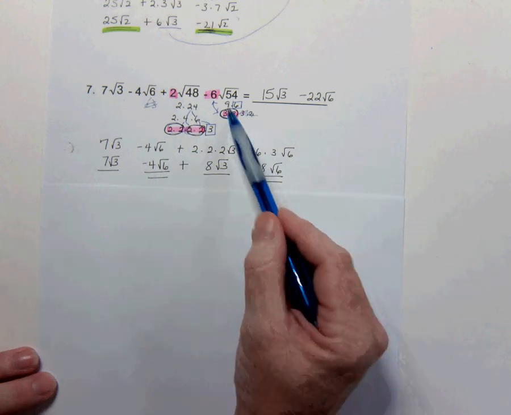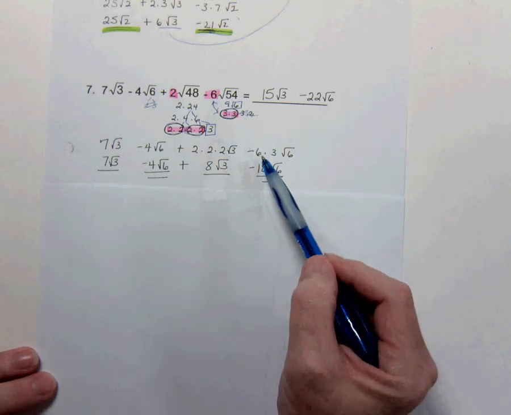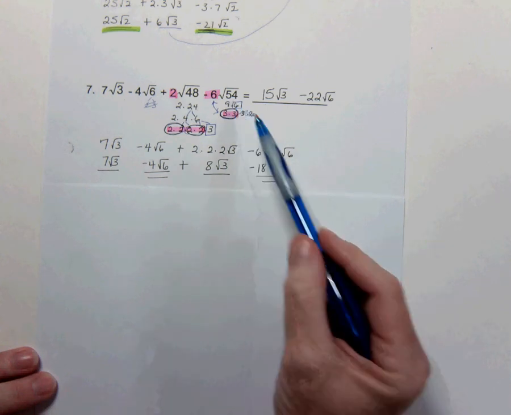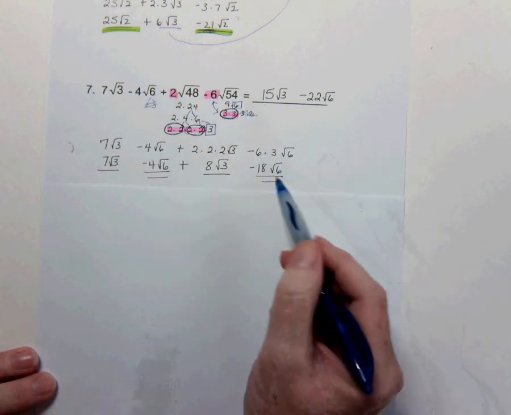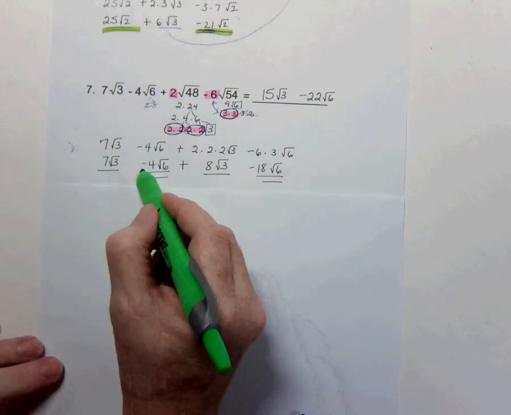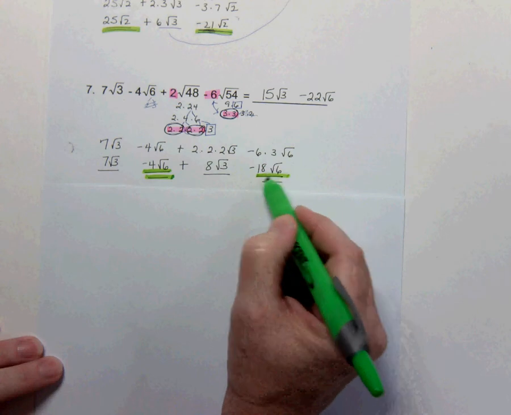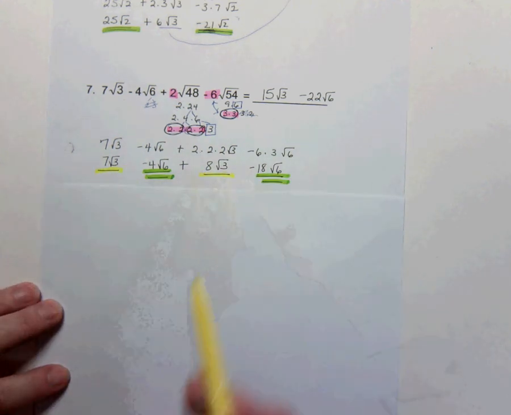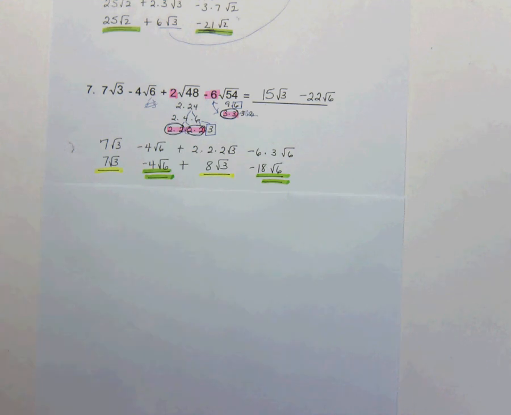This one you have to multiply by your negative 6, which is negative 18. And then remember I boxed what stays under the radical. And then we've underlined those things that were like terms. Your square root of 6's are like terms, and your square root of 3's are like terms. So combining those sets gives you that final answer, 15 square roots of 3 minus 22 square roots of 3.